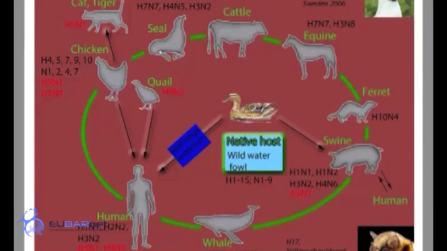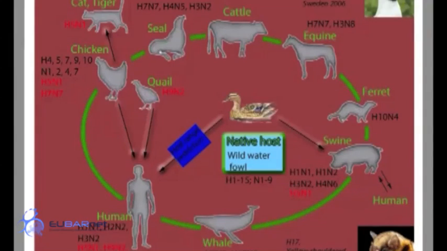But we actually had the H16 subtype appear in Sweden in 2006. It was found in black-headed gulls. And very recently, just a couple of months ago, the H17 subtype appeared in yellow-shouldered bats in Guatemala. So this is a moving target.